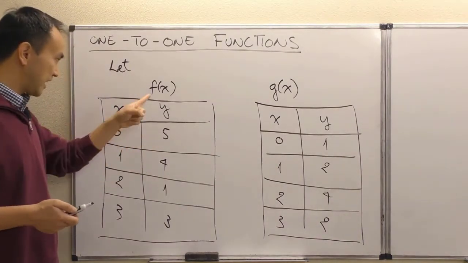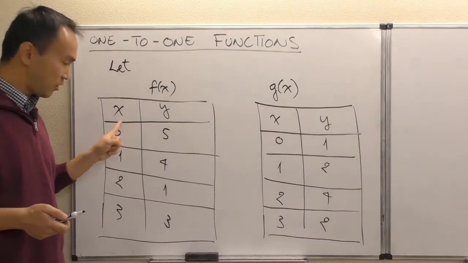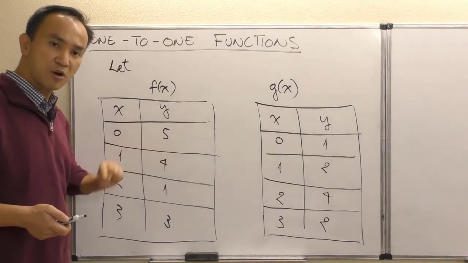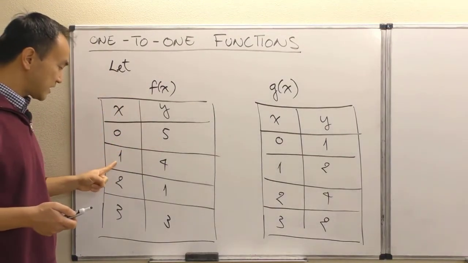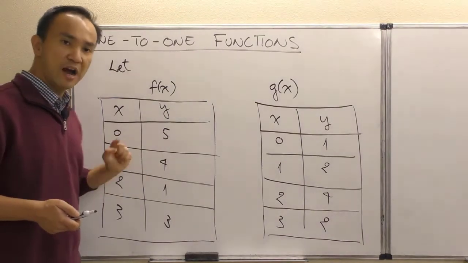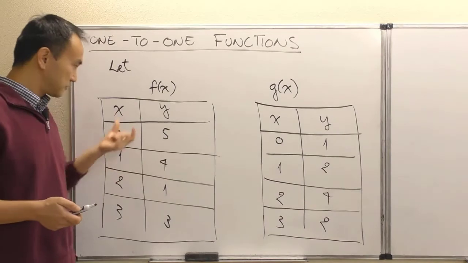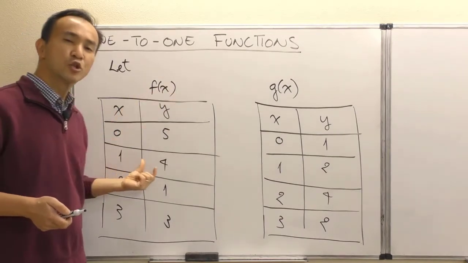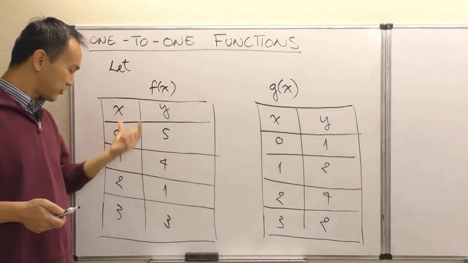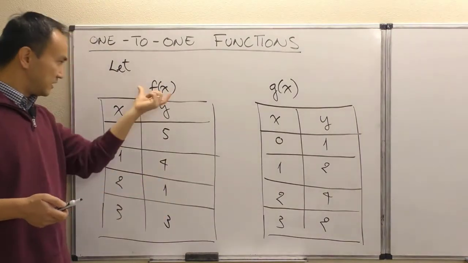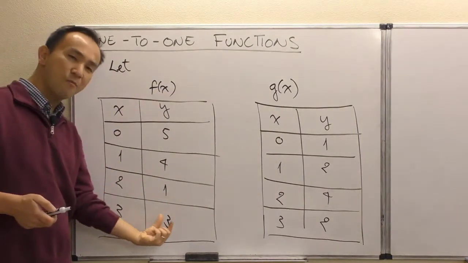Specifically, f here takes the input 0 and maps it to the output 5. The function f takes input 1 and comes out with 4. A function takes an input to an output. This function takes this input 3 to that output 3.